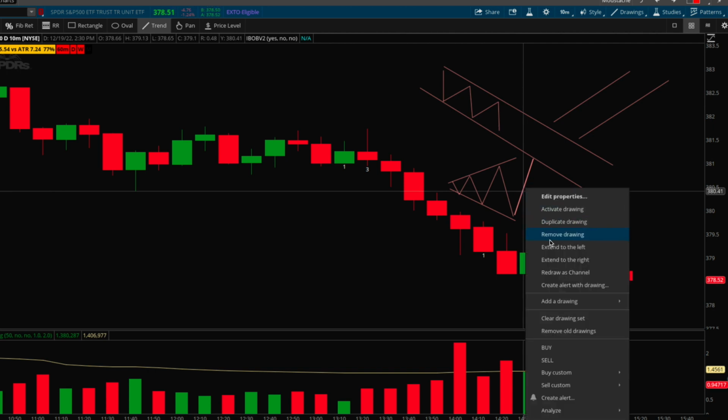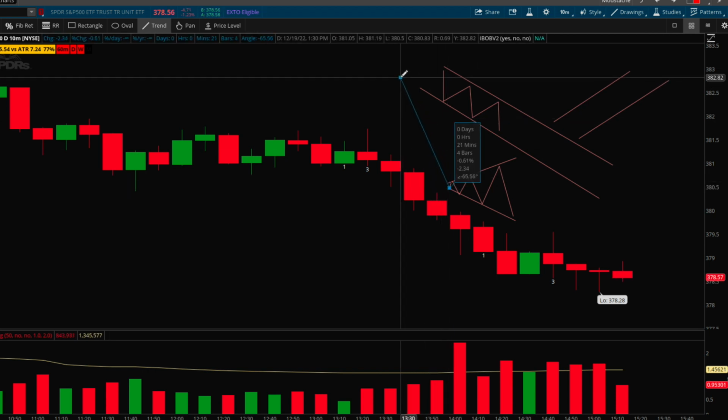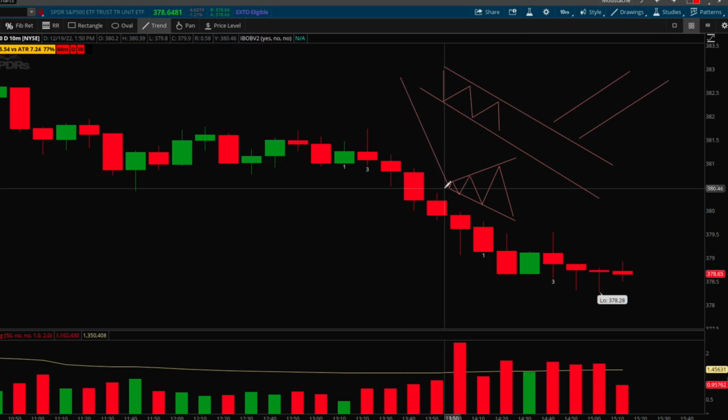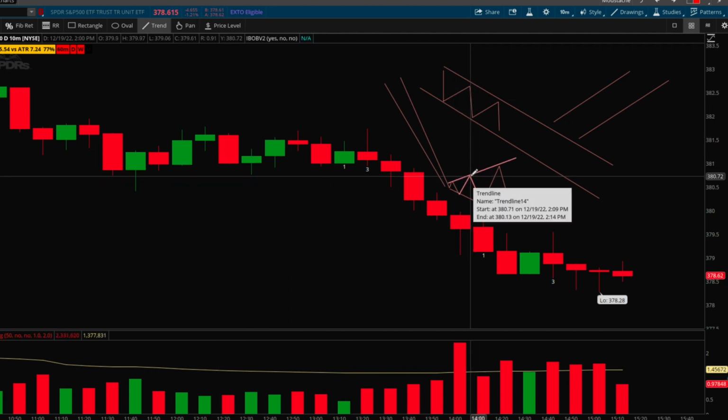So that's one way you could trade it. Another way would be if, let's say, you were already bearish and biased, like there's a strong downtrend already, and you start to see this. This is actually something I talked about in my previous video regarding continuation.